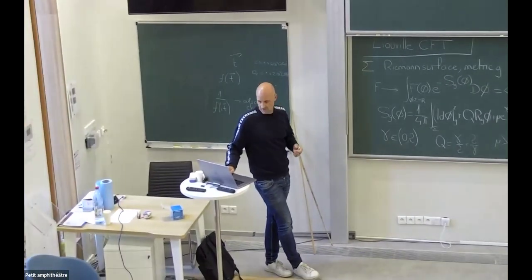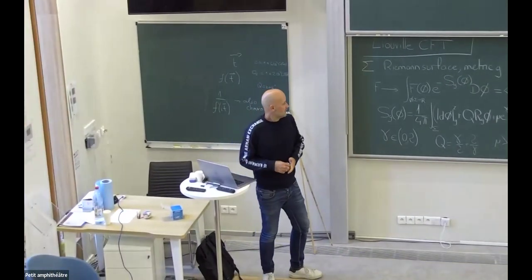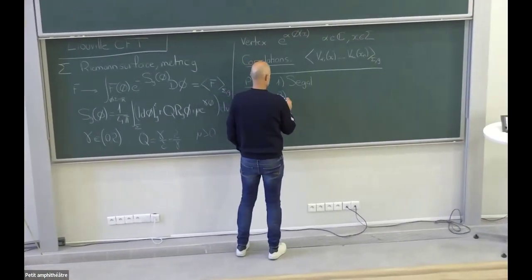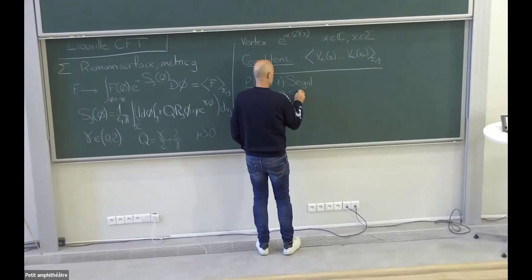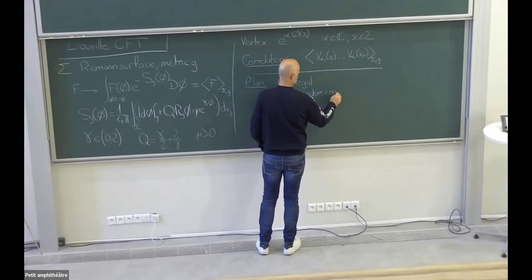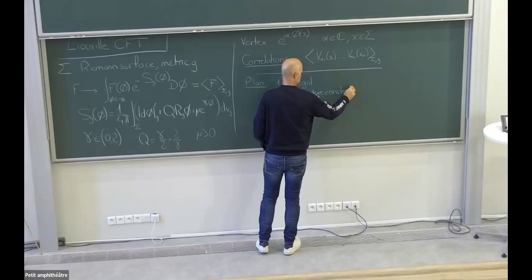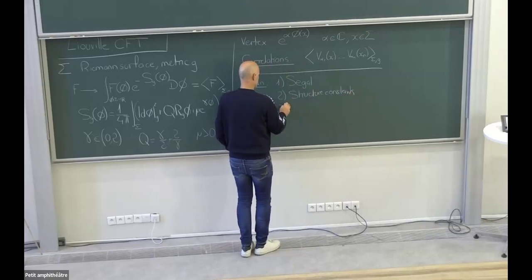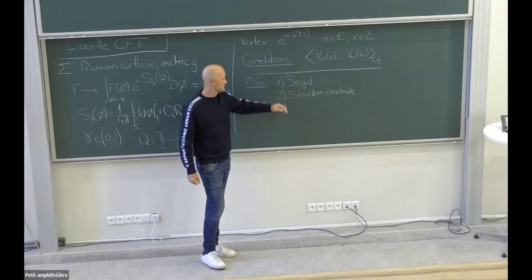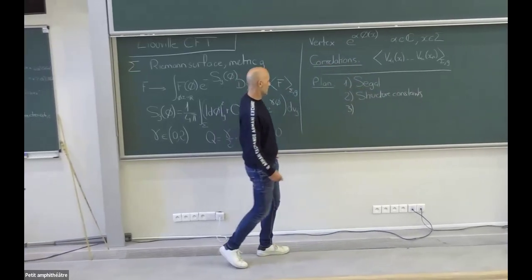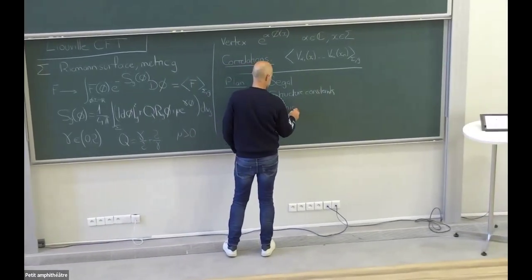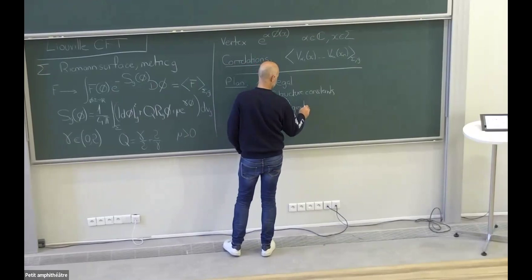I'll try to explain a little bit the philosophy. Then I will give you the expression for the structure constants. And then I will play with Segal. You will see that there are a lot of things that you can reconstruct from the Segal axiomatics. There will be the semigroup, a special semigroup of operators that you can form.